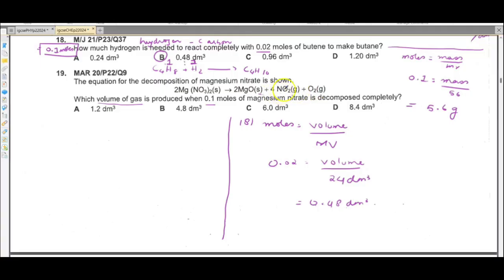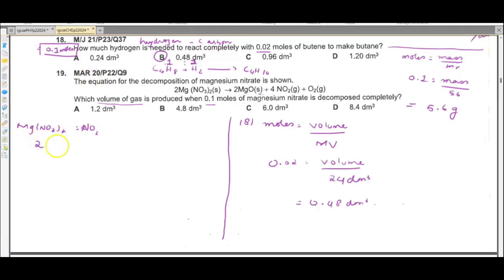So what we need to do is that first we need to find the moles of nitrogen oxide and oxygen with the help of the moles of magnesium nitrate. So what we are going to do is compare MgNO3 with NO2, okay?